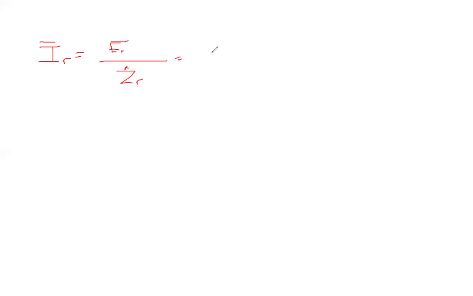That means here we are going to have S E naught over R plus J S X naught.